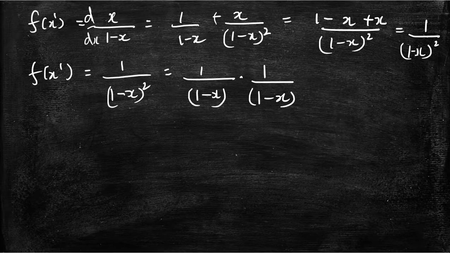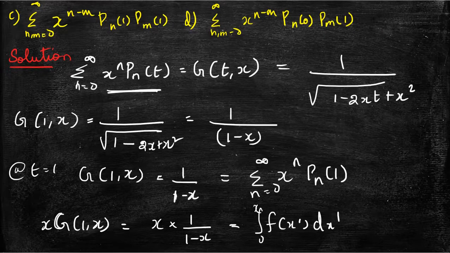I already know that 1 by 1 minus x can be written as summation n is equal to 0 x bar n Pn of 1.